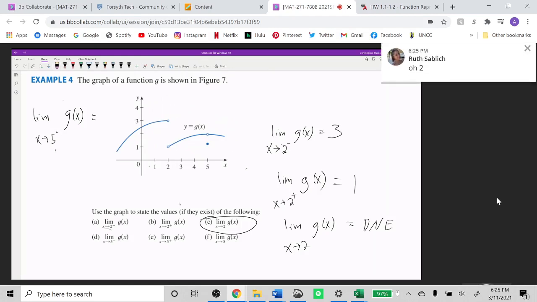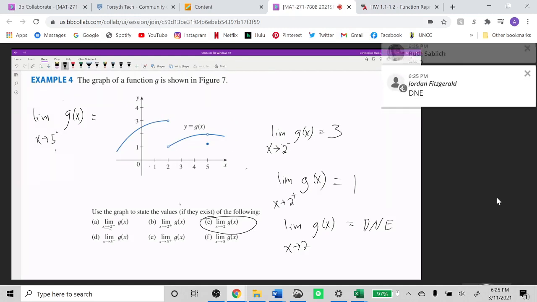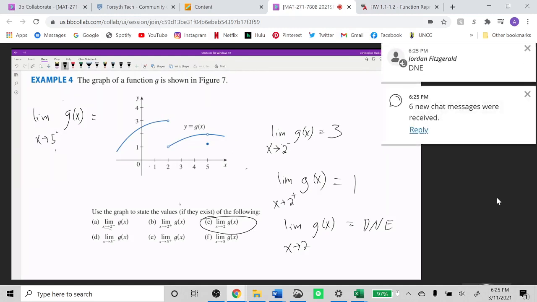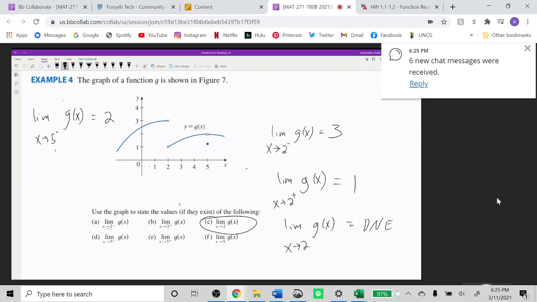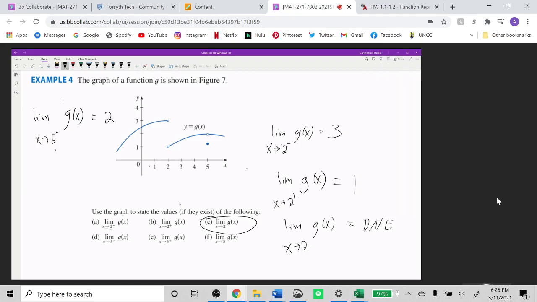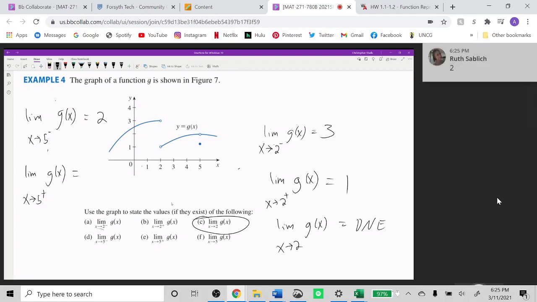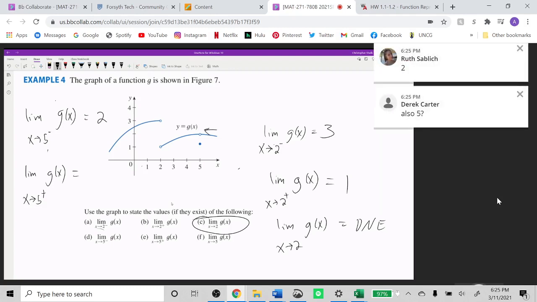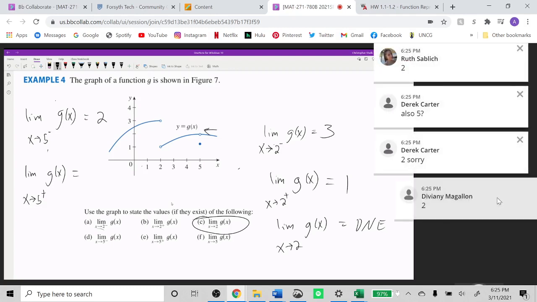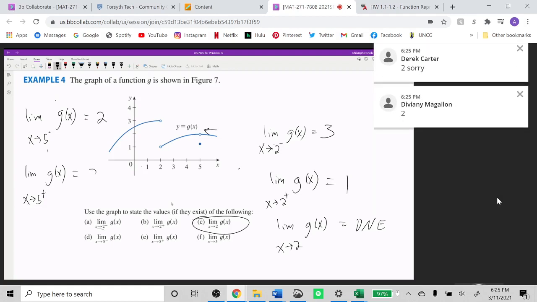So that makes this 2. So the limit of g of x as x approaches 5 from the left is 2. What's the limit of g of x as x approaches 5 from the right? It's coming in this way. Also 2.